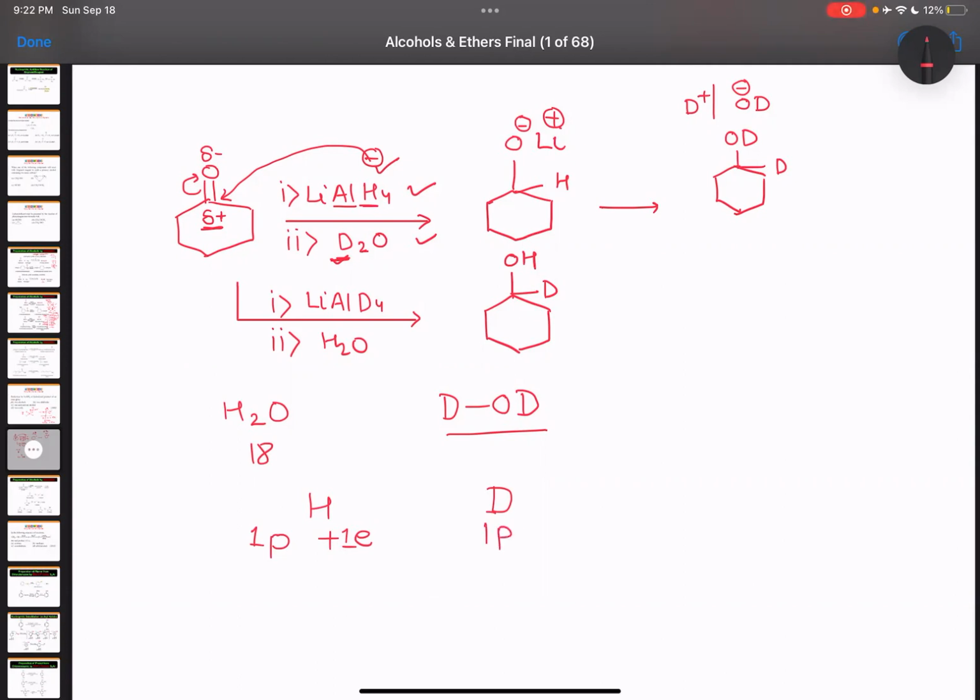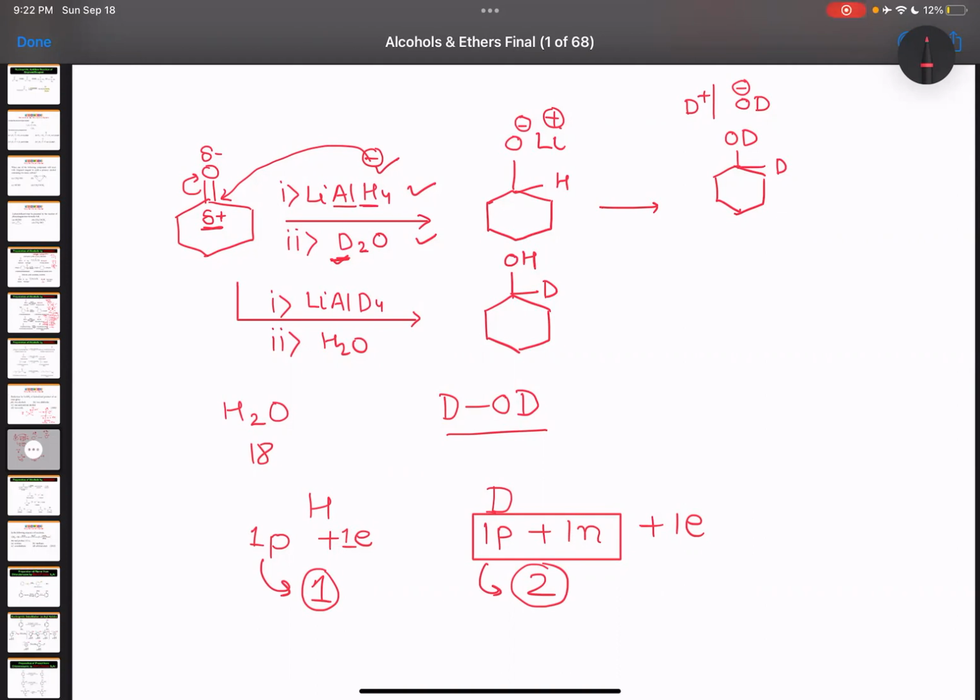One proton, one neutron, and one electron. Electron mass we don't consider. We consider only the mass of proton and neutrons. So its mass is twice. Normal hydrogen's mass is one due to one proton, and its mass is going to be twice. Right? Yes, sir.